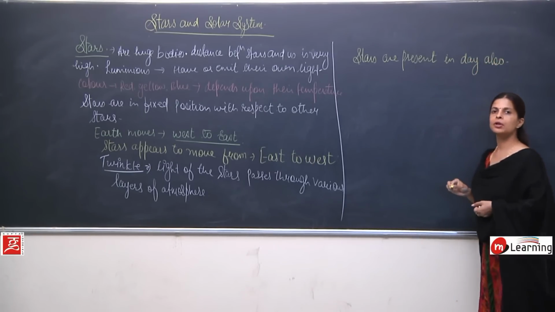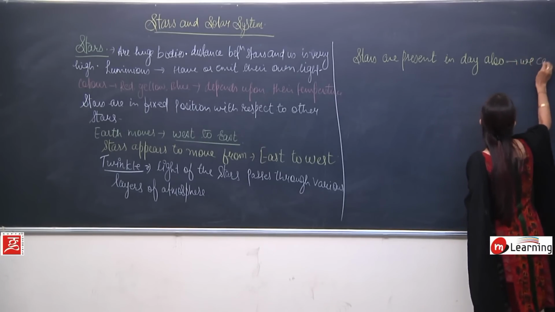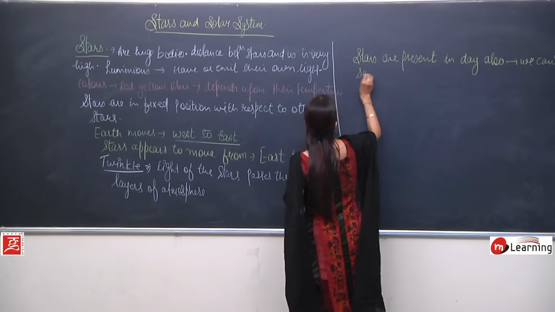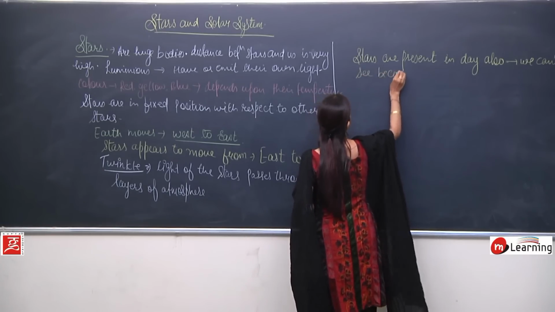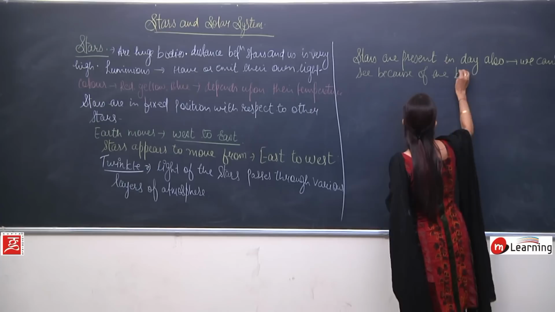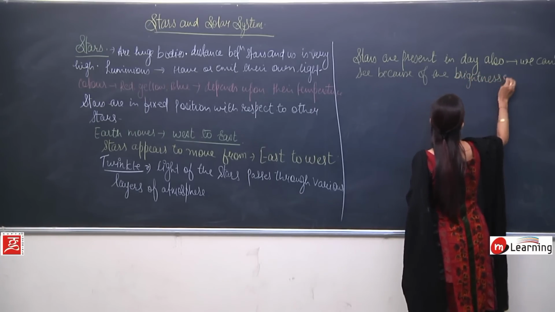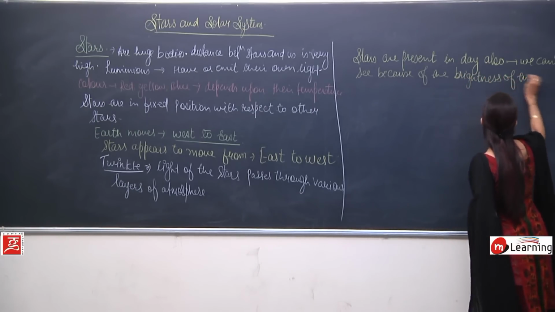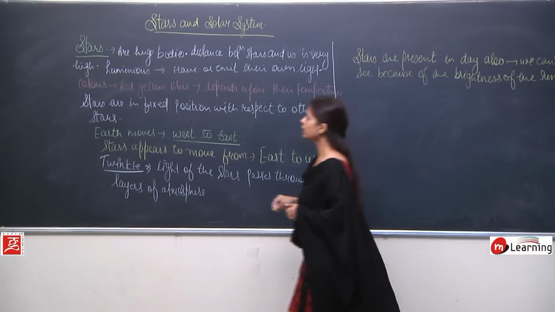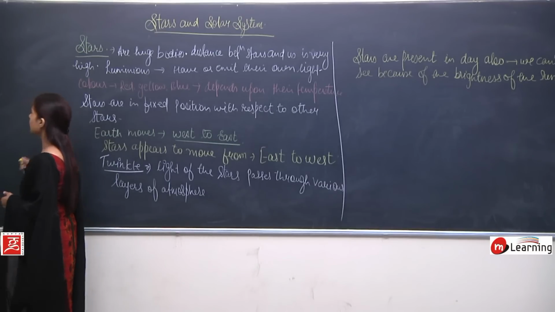We cannot see them because of the brightness of the sun. So because of the brightness of the sun, we cannot see the stars, but the stars are actually there only.